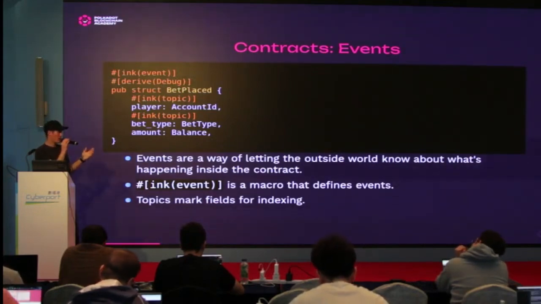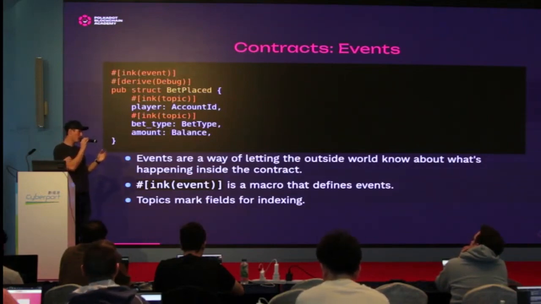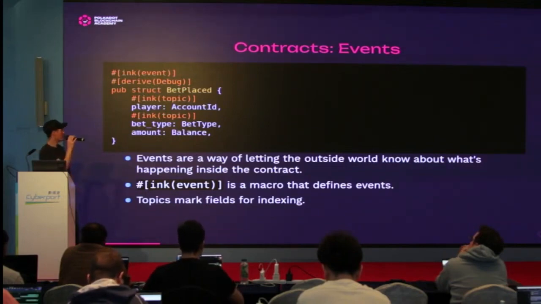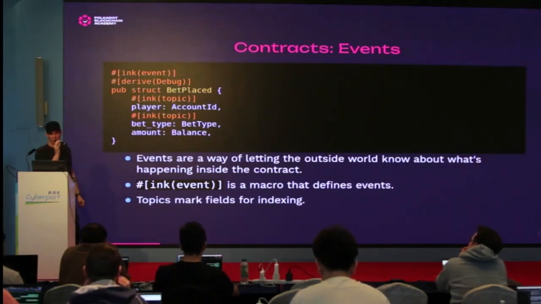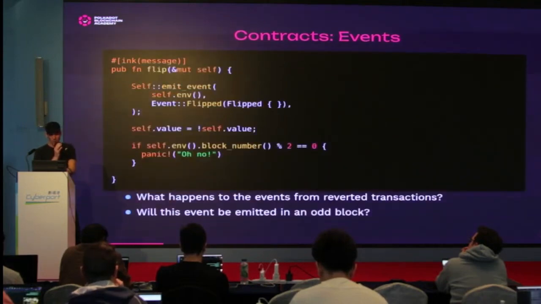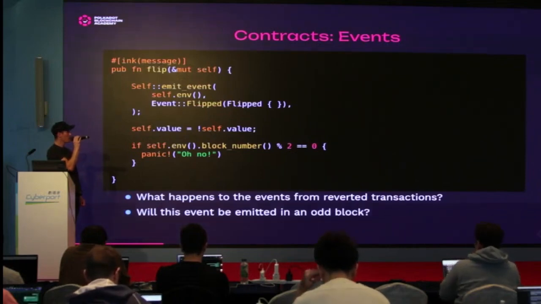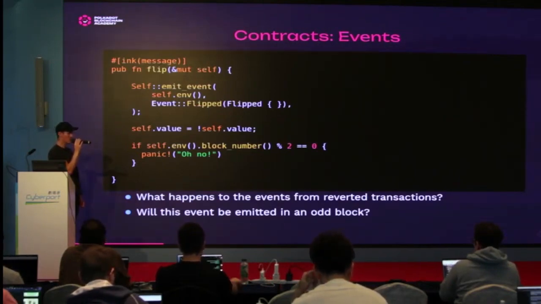Because storage is expensive, and the blockchain, you can think of it as a database, but a very bad database, if you want to aggregate data, for example, you'd need to read it, normalize it, and store it off-chain where it's easy to query in whatever form you want. Events are kind of like storage, but more like logs of what happened, and they adhere to the same rules as the rest of the stack trace.